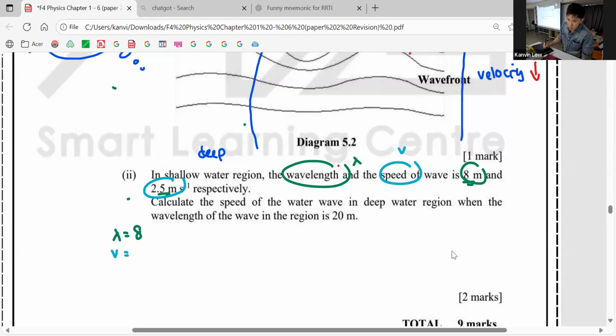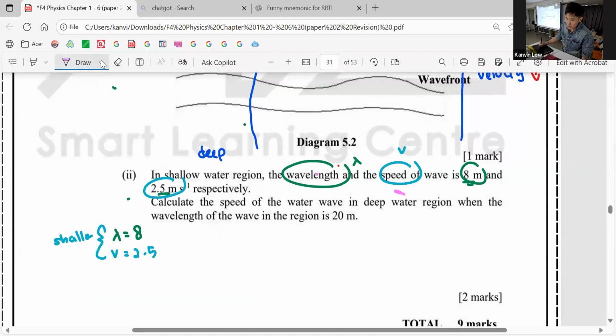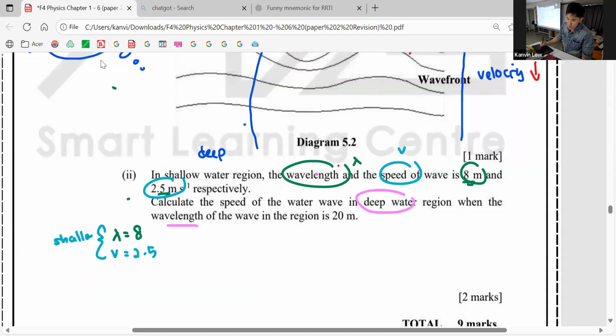So V is equal to 2.5. And guys, this is for shallow water. Then the question also mentioned for the deep water, the wavelength is 20. So lambda is equal to 20. This is for deep water. And they asked to find the speed, which is velocity.